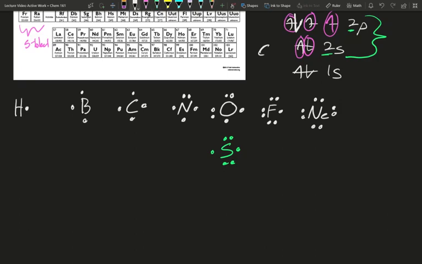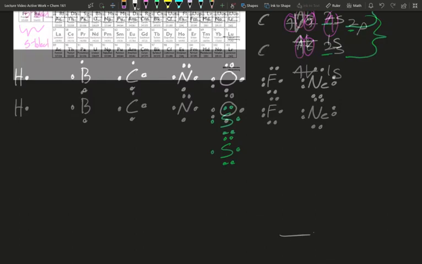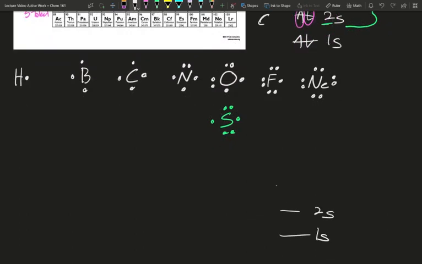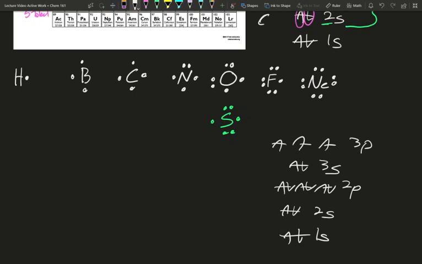If we tried to figure that out from the drawings, well, sulfur's element 16: 1s, 2s, 2p, 3s, 3p, 1, 2, 3, 4, 5, 6, 7, 8, 9, 10, 11, 12, 13, 14, 15, 16.